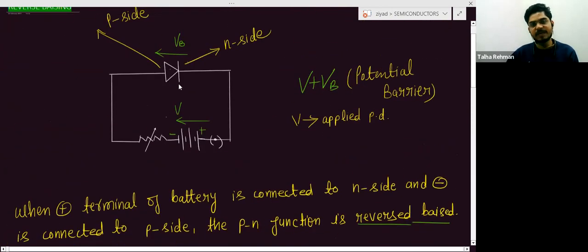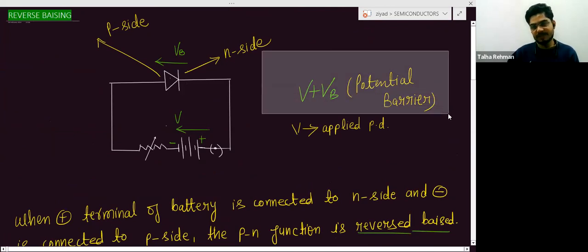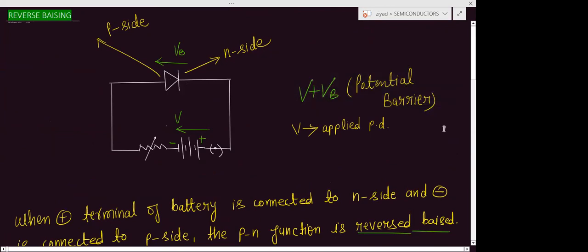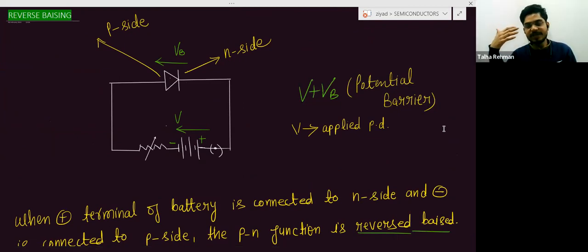So in this case, what will happen? Due to the large potential barrier, the majority charge carriers will not cross the junction. Electrons will not move towards the P side, and holes from the P side will not move toward the N side.